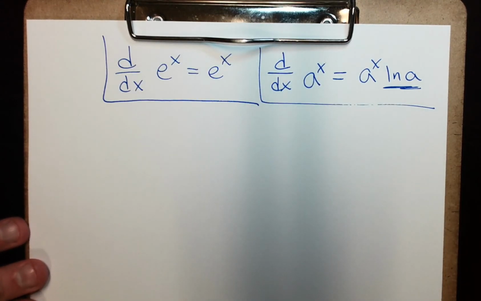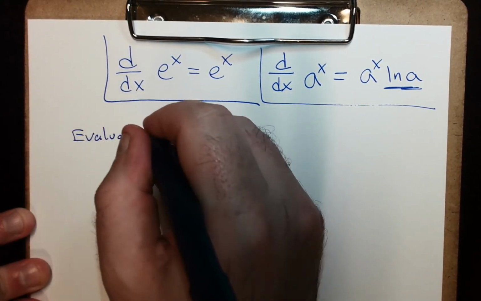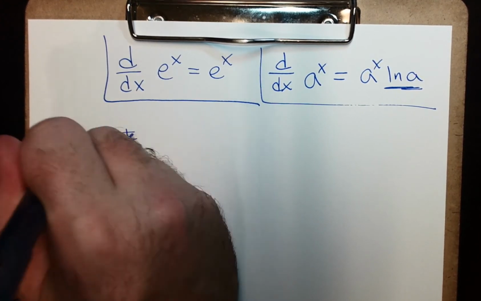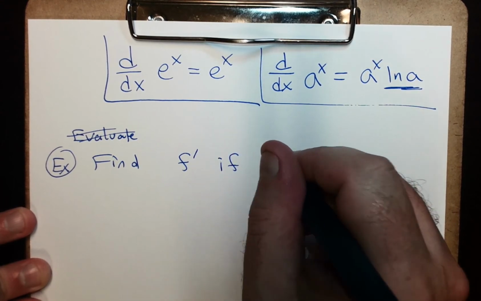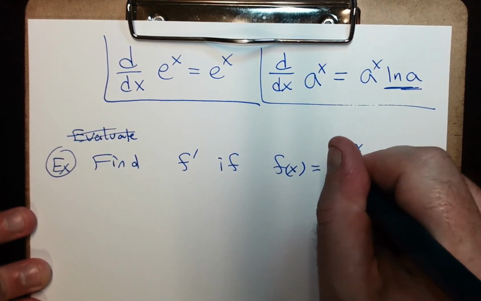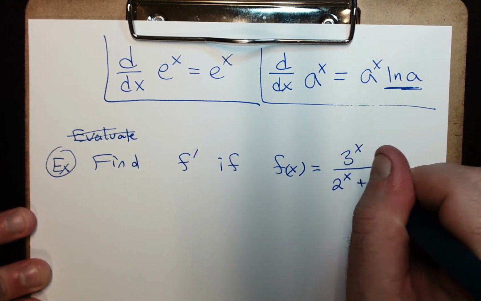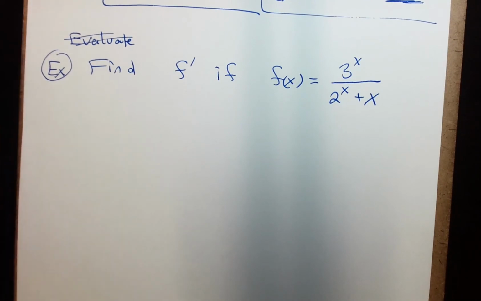Instead of being a 1, it turns into ln of a. And I'm not going to derive that or anything, but you can work it out, and that's just what it works out to. So both of these can be used in your calculus problems, right? So here's an example. Evaluate.